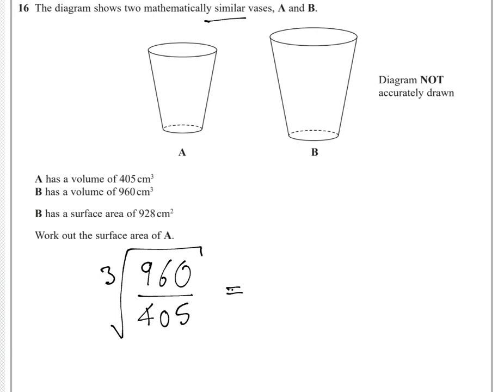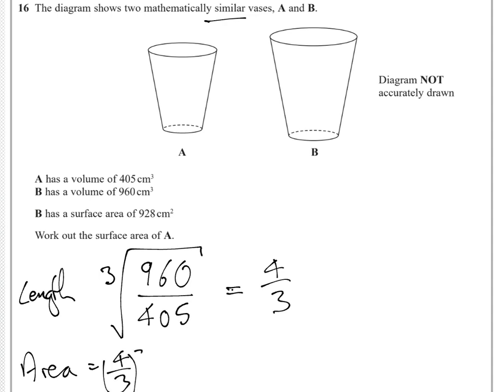The cube root of 960 divided by 405 is 4 over 3. And then this is lengths, so areas is that squared, which is 16 over 9.